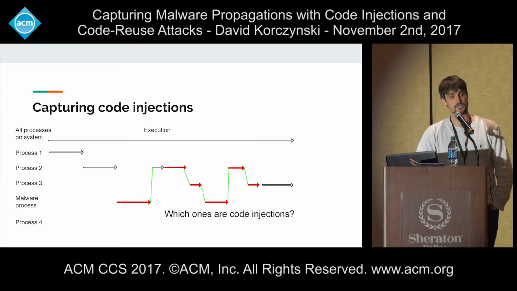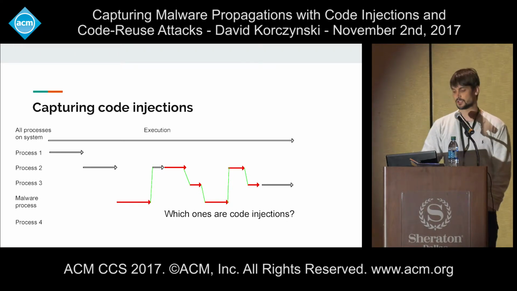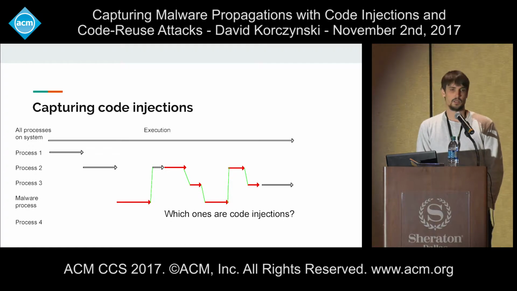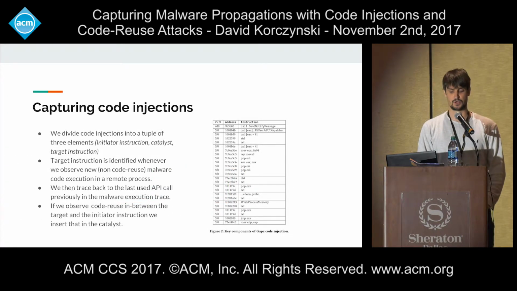So we come up with a suggestion for how you identify, once you have this system-wide trace, where code injections happen. The way we do this is we give a model of code injections, where a code injection is composed of a tuple of 3 elements: an initiator instruction, a catalyst, and a target instruction.